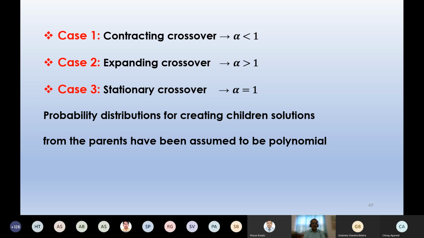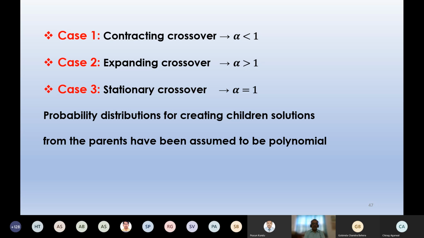Now case 2, that is your expanding crossover, where alpha is greater than 1. That means the difference between the two children is more compared to the difference between the two parents, and that is your expanding crossover, that is alpha is greater than 1. There could be a third case, but generally it doesn't happen, but it may happen, the possibility is there.